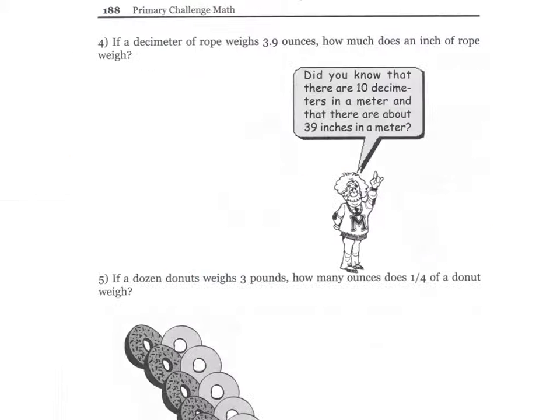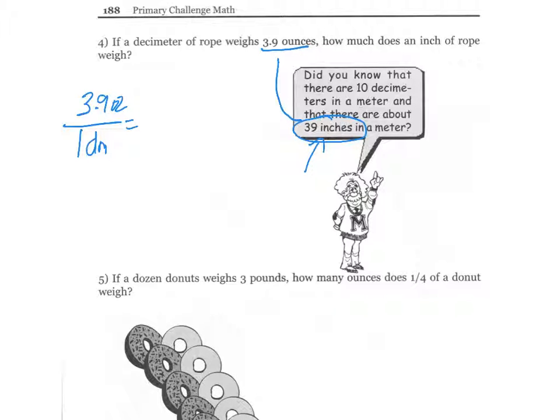This is a problem where when you see the 3.9 here and the 39 there, you think, well, this problem might have an easier solution. So let's look at our ratio here. So we'll try again. We have 3.9 ounces for 1 decimeter, but there's 10 decimeters in a meter, so let's just go up to a meter, because then we'll get that 39 that also appears in here.